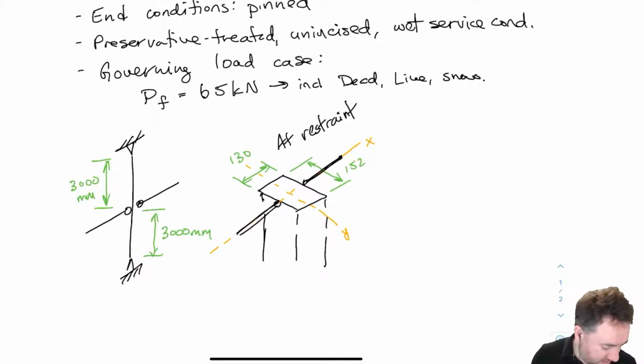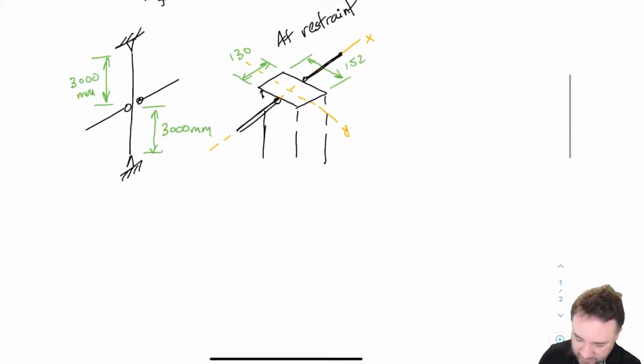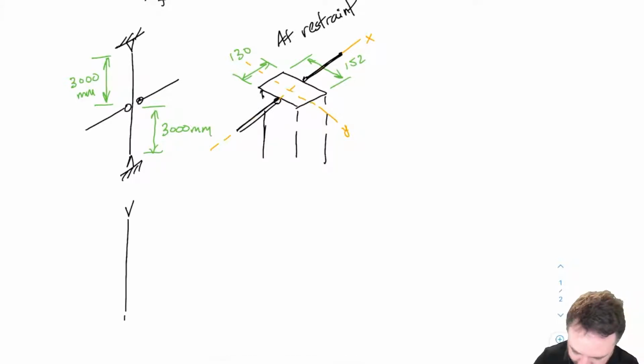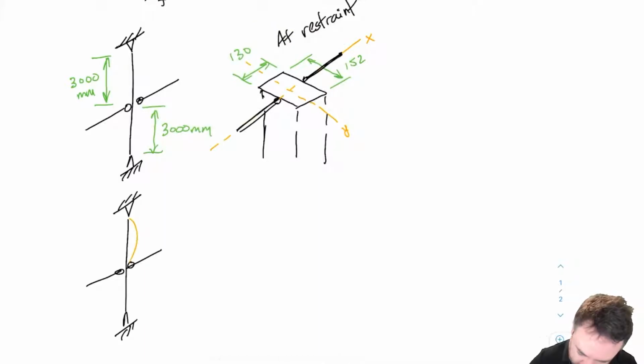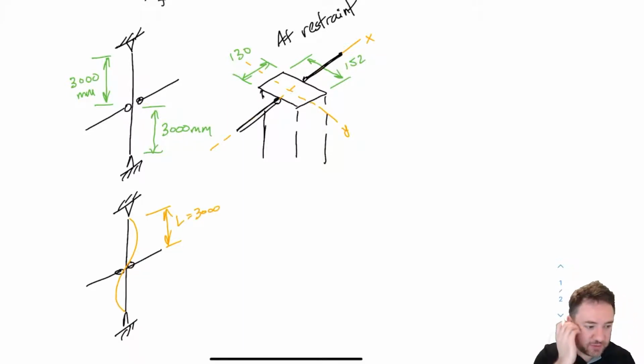So let's get started with figuring out what those buckling lengths are. For the weak axis, our buckling shape is going to be something like this. And so the length is 3,000, and it's the same top and bottom. If it was different top and bottom, then we should check the more slender one.